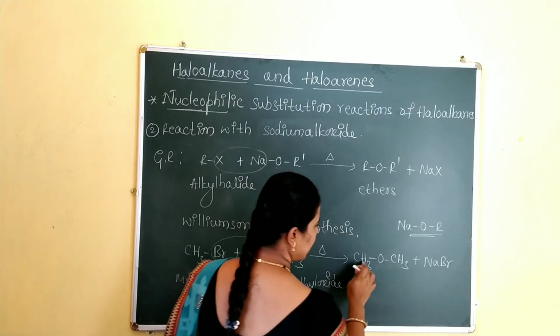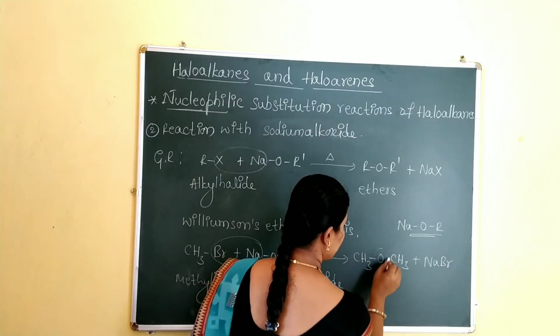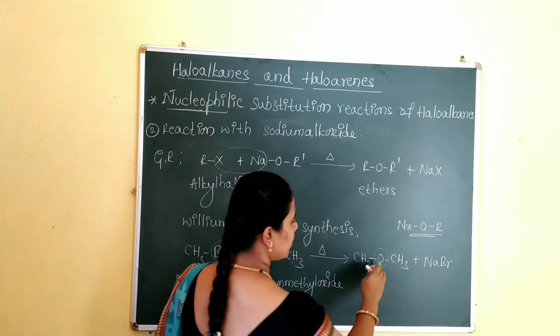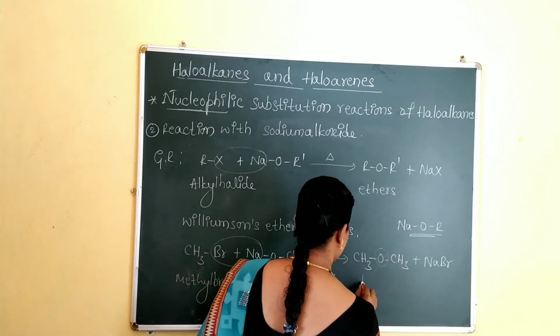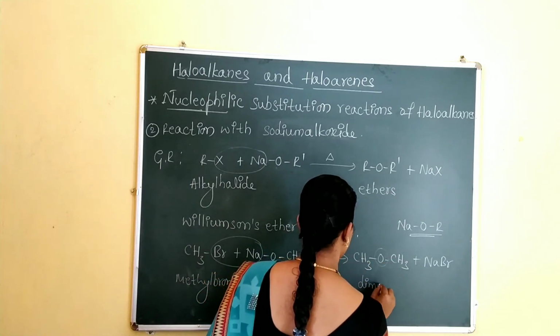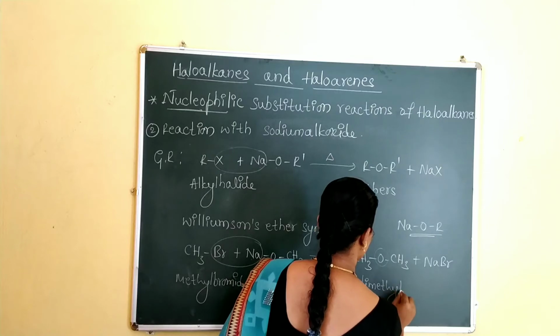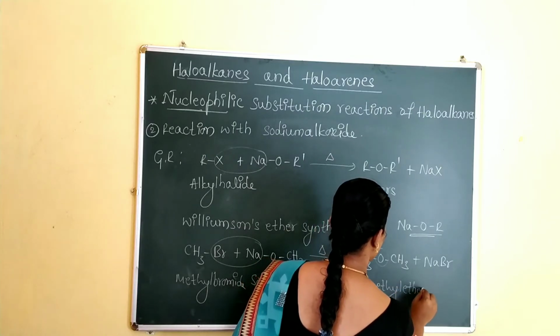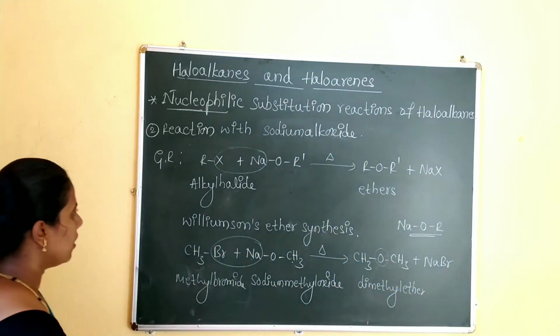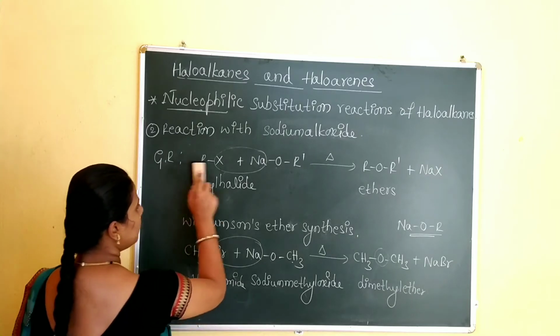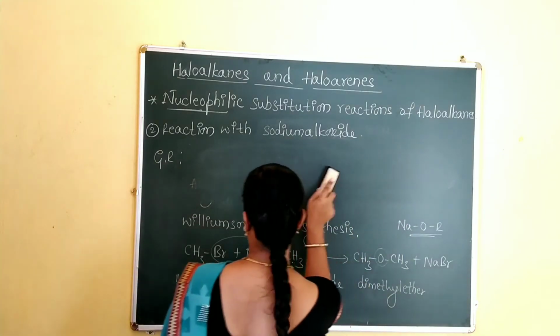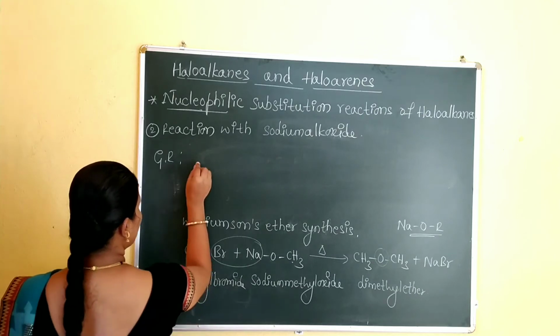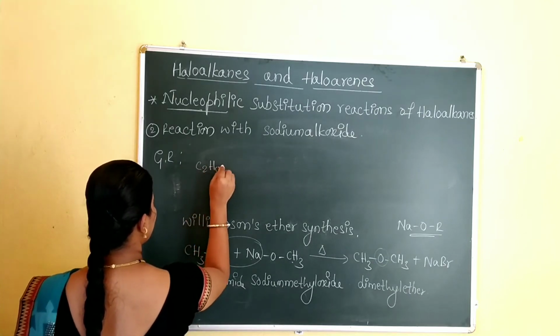See here, this is dimethyl. The O functional group is there, therefore it is dimethyl ether. I will write one more example. C2H5 here.